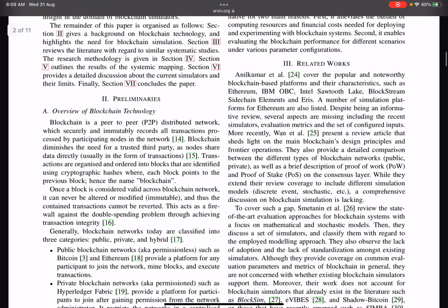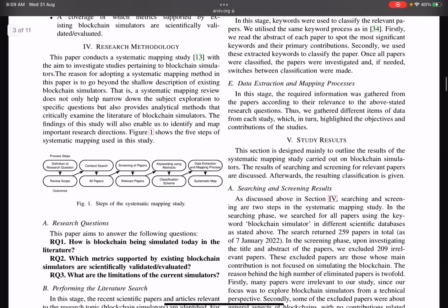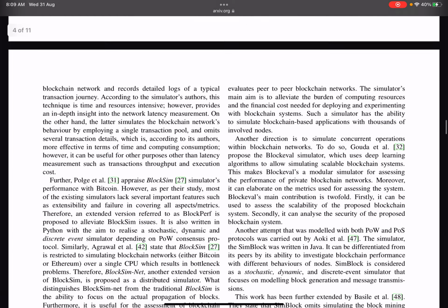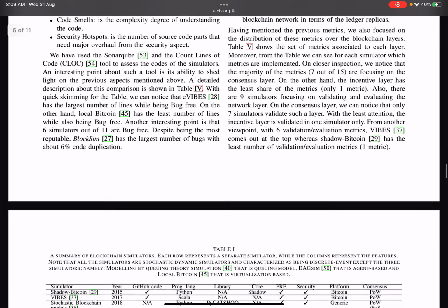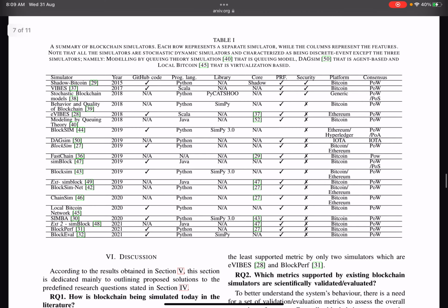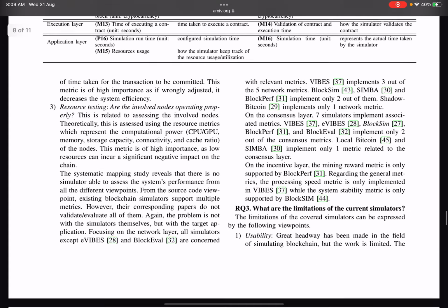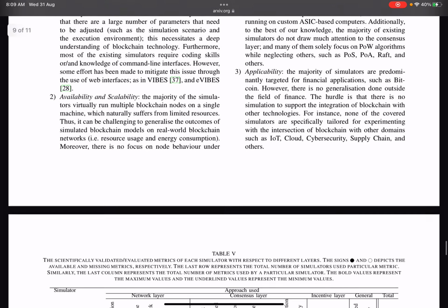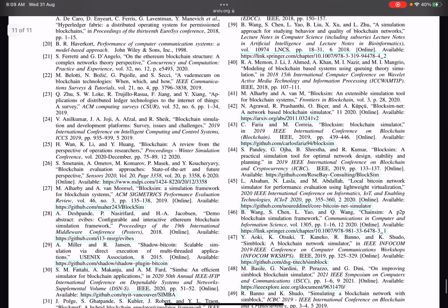Introduction, preliminaries, related work, research methodology, study results. These are the sections. Just reading it out quickly for you. This is a beautiful table, and then there is a discussion. Right? And this is how I get material. Now I have a paper to discuss in my next video.